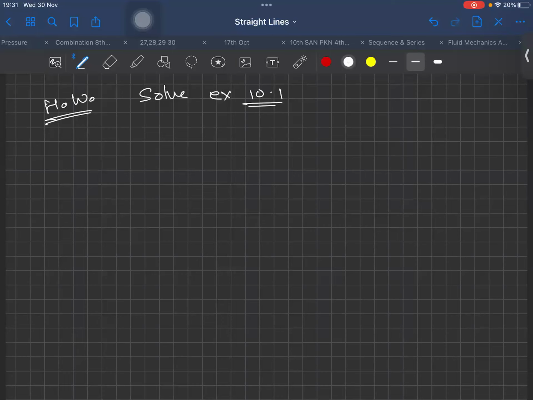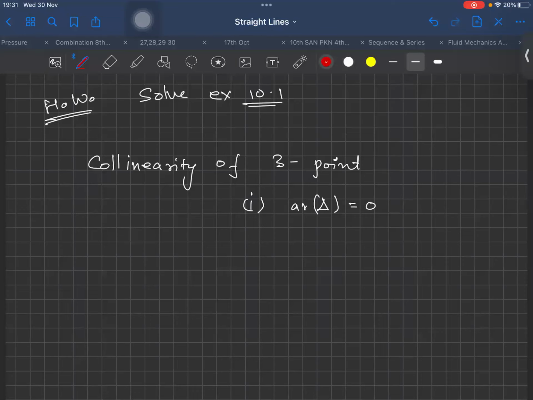Now see, one topic that I missed is 3 points are collinear. See, there are two conditions. If 3 points are collinear, that means first is area of triangle is 0. Okay, number 1. What else? See, if these 3 points are let's say point P, Q, and R, these are collinear. That means that they will lie on same line. So x1, y1, x2, y2, x3, y3, right?